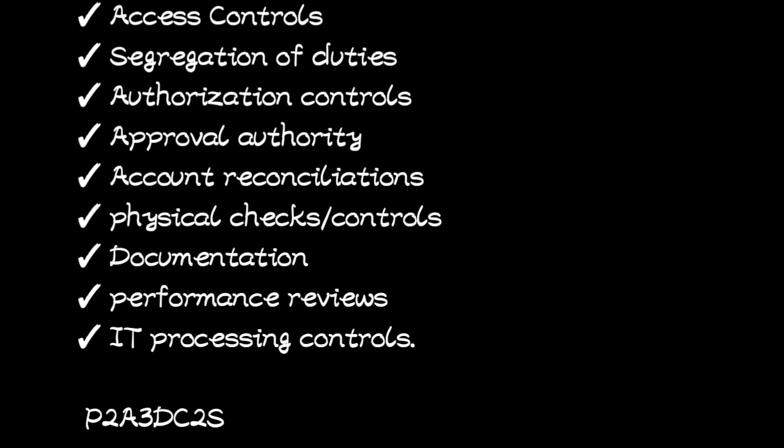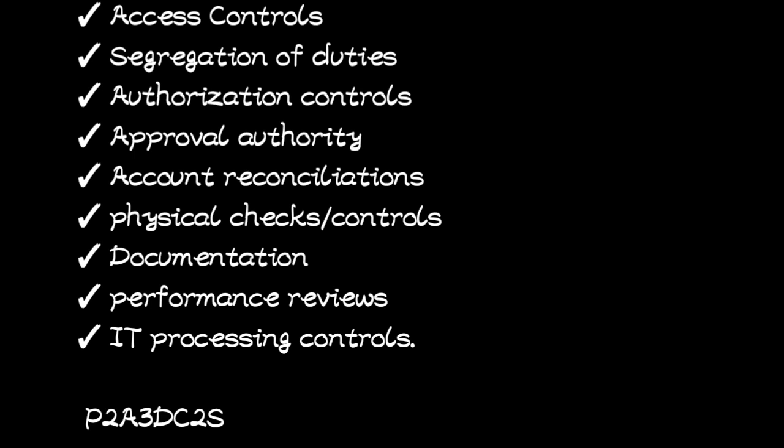Down there is a formula that you can use to easily remember these control activities. It is PAADACS, whereby you have two P's, then three A's, then one D, then two C's, and then S. The first P is for physical checks, then the next P is for performance reviews, then the first A is for account reconciliations.